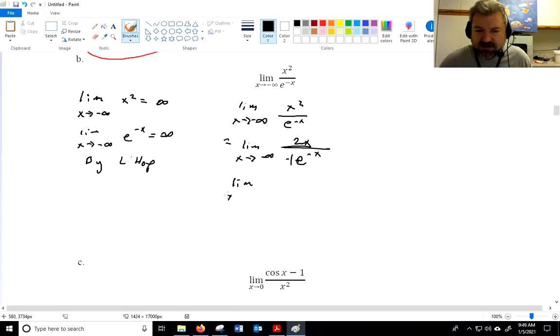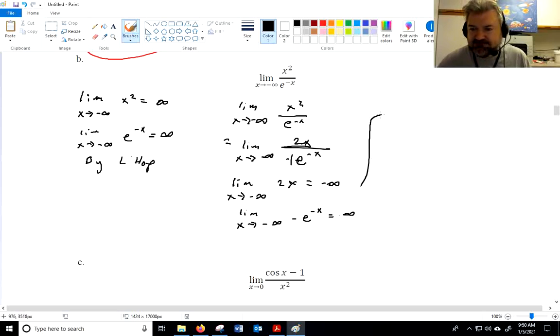So the limit as x approaches negative infinity of 2x, I don't want to plug it in, I just want to say it this time, is equal to negative infinity. And the limit as x approaches negative infinity of negative e to the negative x is also negative infinity.